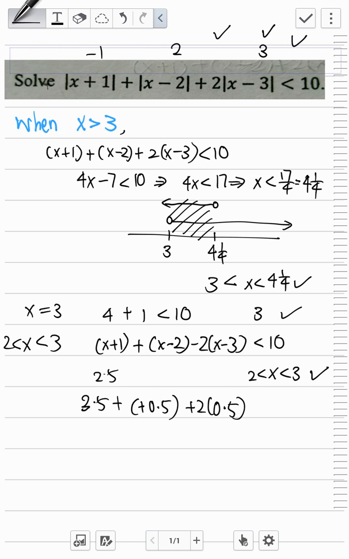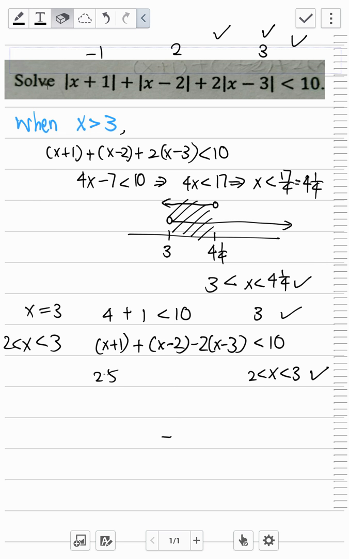So 0.5 plus 3.5 is 4. 4 plus 2 times 0.5 is 1. Indeed, we get 5. No matter what value you substitute, it's strange, but it happens, because when you substitute this, the 2x disappears. So you always get a constant 5. 5 is always smaller than 10, so this range of values is accepted.